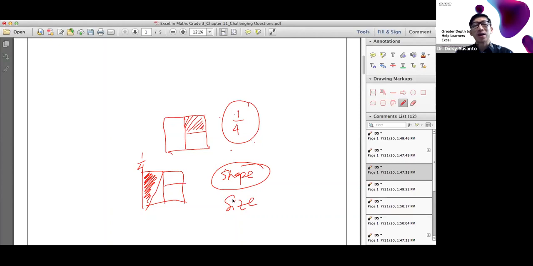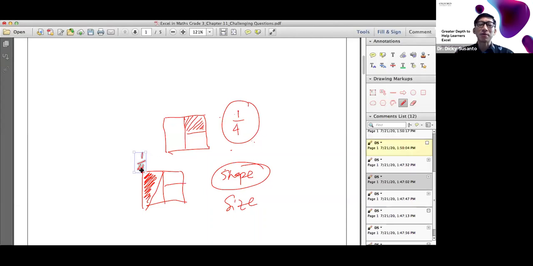So this is where a lot of students are also struggling when they get into later topics, right? When they see that the shapes are all different, doesn't have to be necessarily the same, they fail to see those are equal parts. Okay, so as teachers, when you're designing your lesson, you want to be thinking about some of the misconceptions that students might have that we want them to avoid.